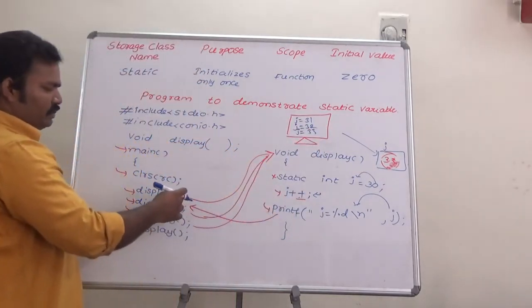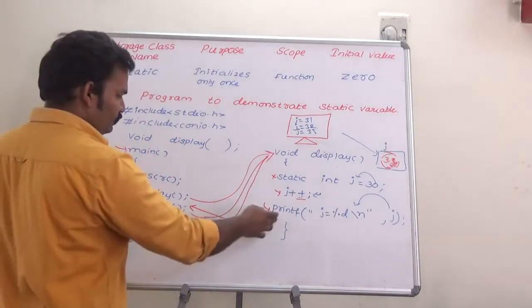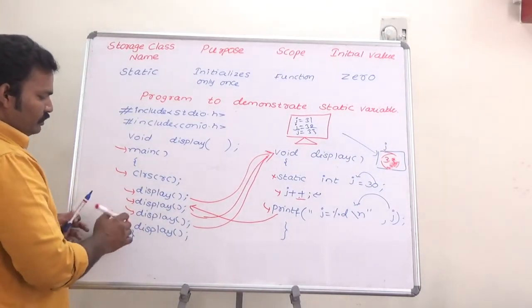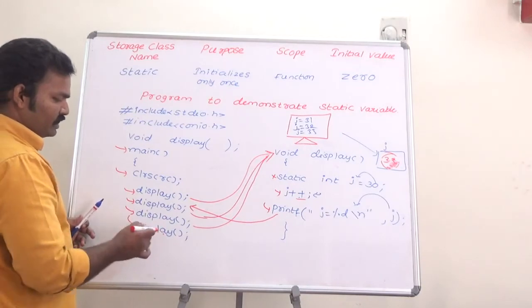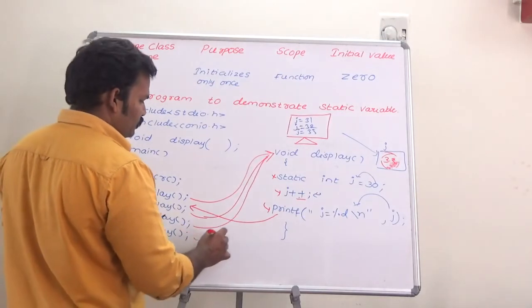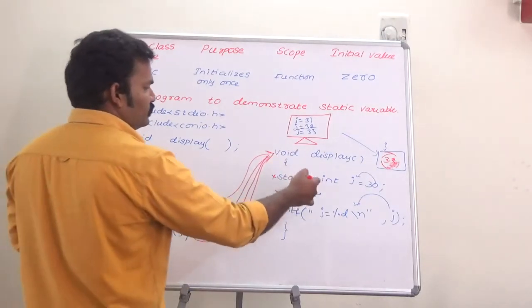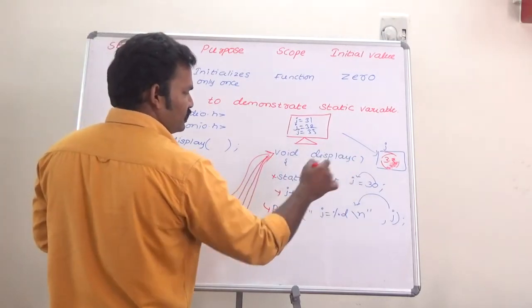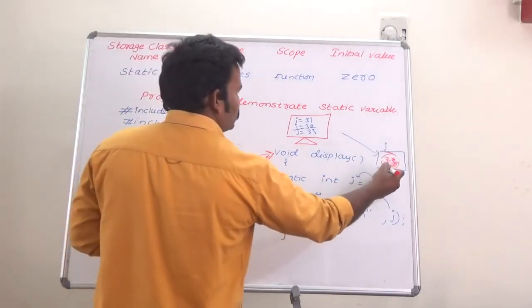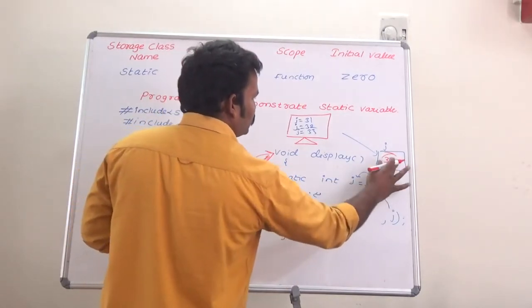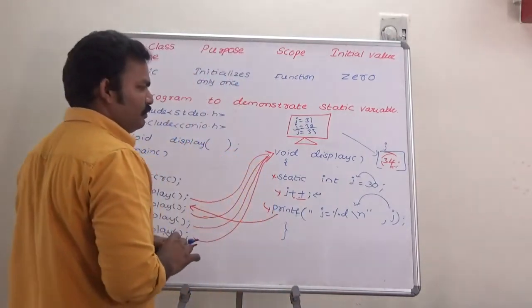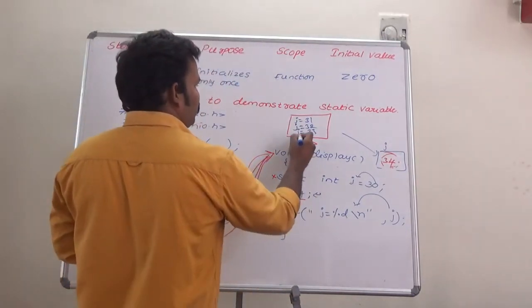Then control is transferred to the main program again and executes the next function call. Static variable initialized only once. Now j is 33, and 33 plus 1 is 34, so the j value becomes 34.